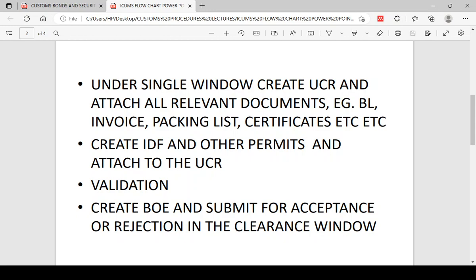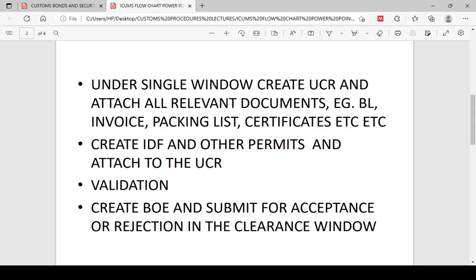You attach all of them to the UCR, because as you move along, when the system detects you have not attached the appropriate document, it queries you and you have to come back and do it. It all goes with time and advance payment of penalties before corrections are allowed to be done by Customs Division. After that, you submit it for validation, and you are given the unique UCR number that you can use as your reference and always access.